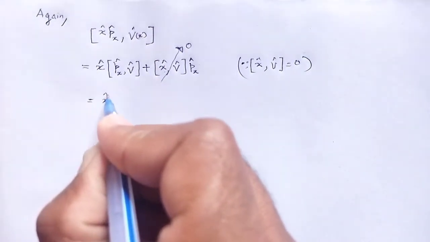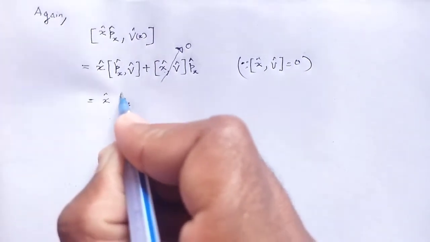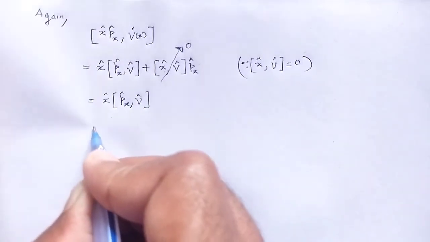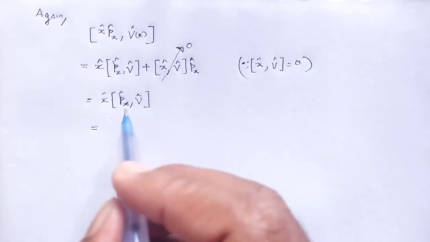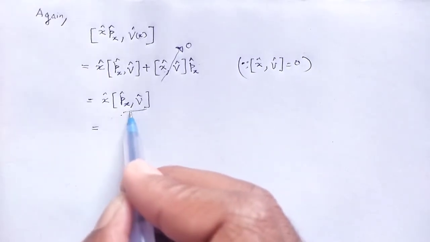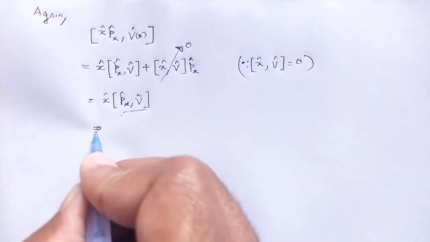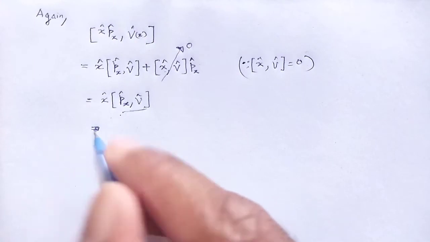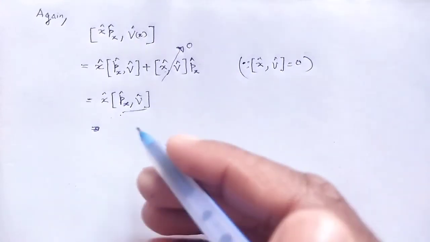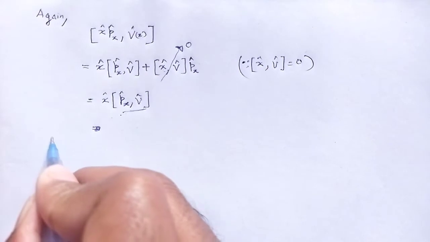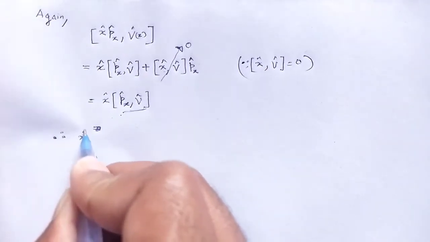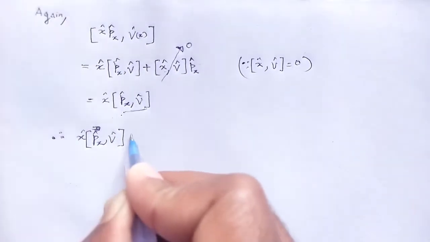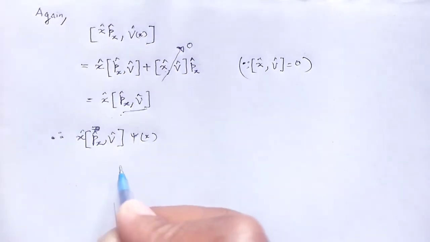So we are left with x cap px cap V cap, which is equal to, now we have to solve that one. To solve that, we put a wave function, let's say. Therefore x cap px cap V cap acting over a wave function, let psi x.